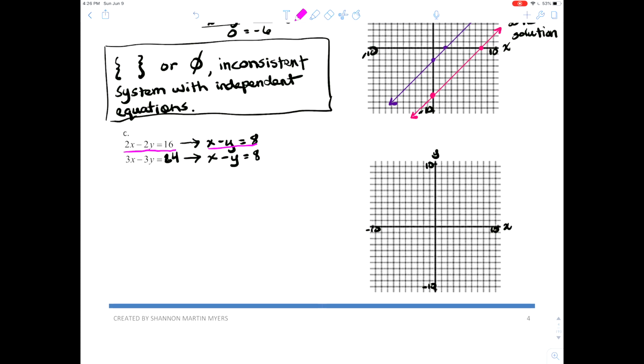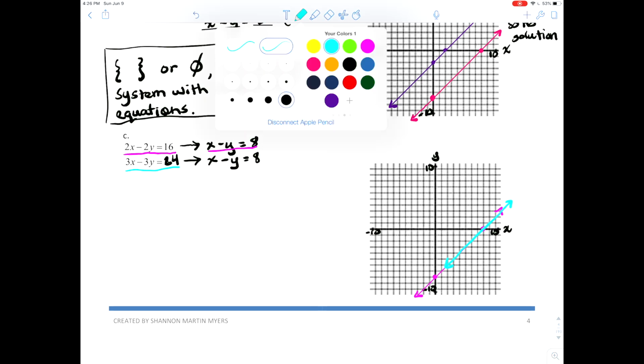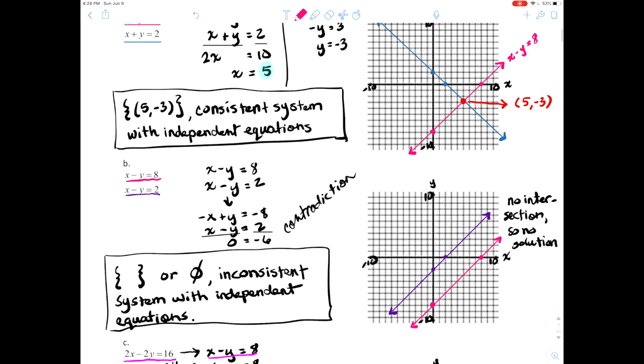So your picture would look something like this, and then you'd have this other line overlapping it. Right? So that could be this one here. Cool, cool? All right. So this gives us a visual of what we're working with.